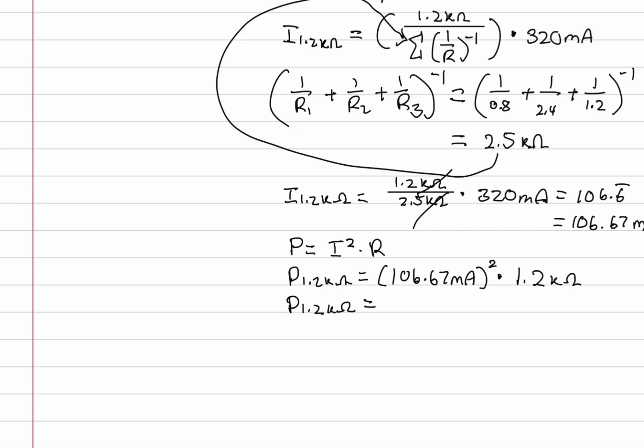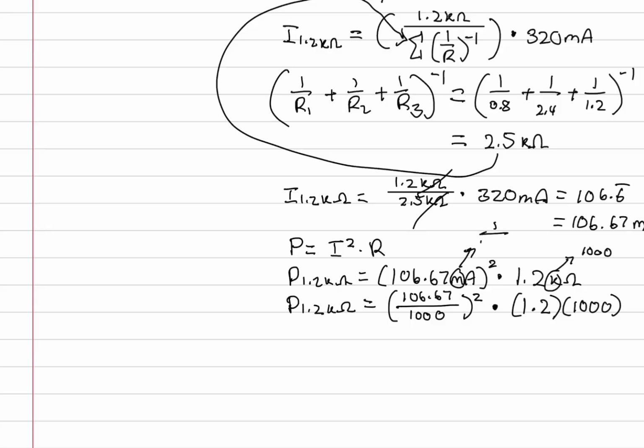But in order to use this formula, we have to convert everything into amps and ohms. So 106.67 milliamps is going to be 106.67 divided by 1000, squared, multiplied by 1.2 times 1000, because kilo means 1,000 and milli means 1/1,000.